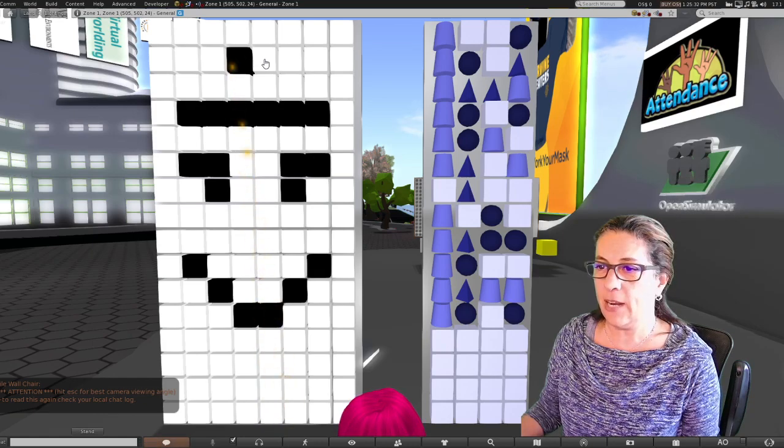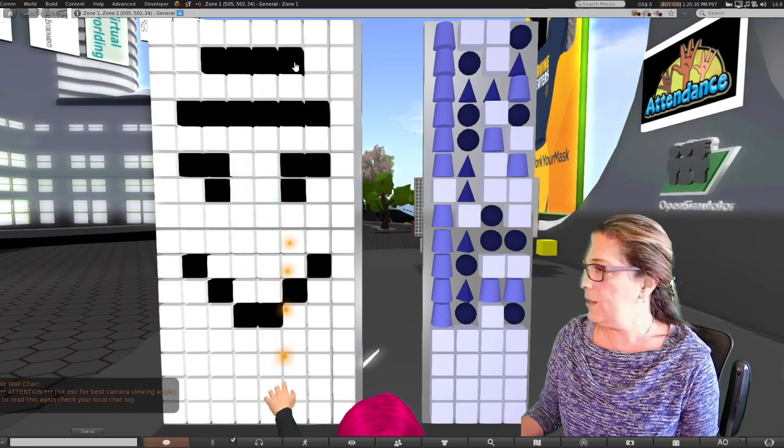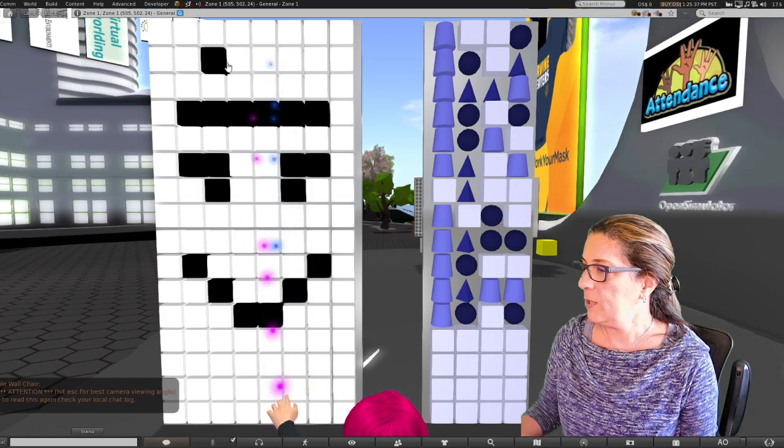One is just a binary wall, so if you click on these tiles, they switch between black and white. So it's just 2 things.